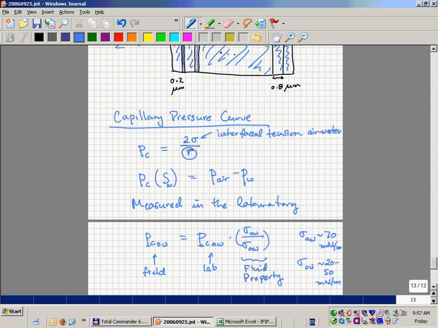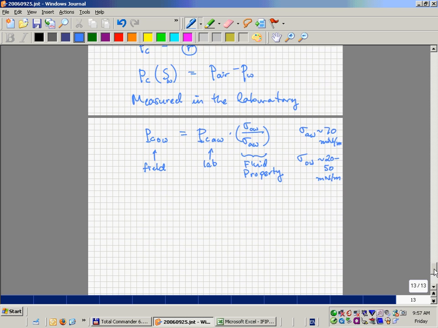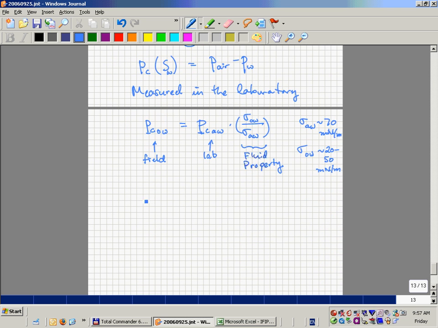Now we know capillary pressure between oil and water as a function of water saturation. This is a given. We know this. That, we know by definition, is the oil pressure minus the water pressure.